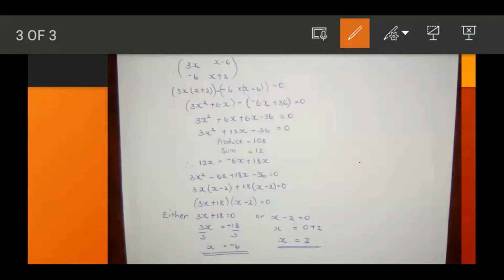Okay, Anita, first go on. With this one, 12x is equal to -6x plus 18x. It was showing that the 12x before this one was split to be -6x plus 18x.